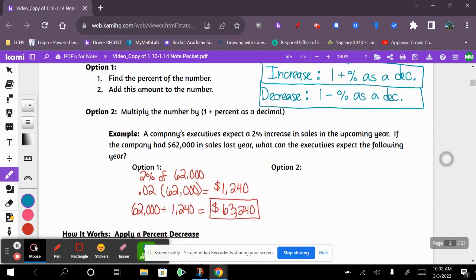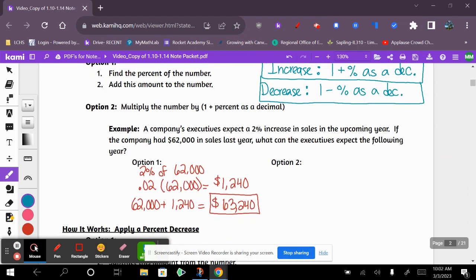So to apply this to the first example, with this one we are looking at a 2% increase. So to find our multiplier, because it's an increase, we're going to do 1 plus the percent as a decimal. So it's going to be 1 plus 2% as a decimal.